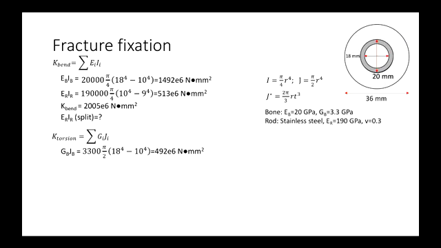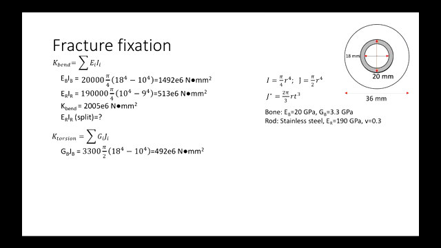So following the same calculations, basically, we have for the bone its torsional stiffness. For the rod, it's G, the shear modulus, times its polar moment of inertia, right?